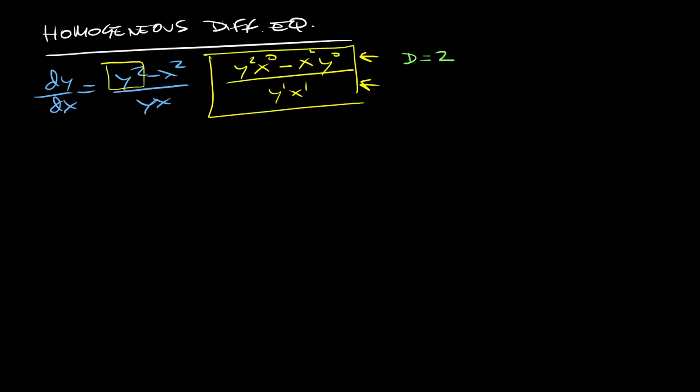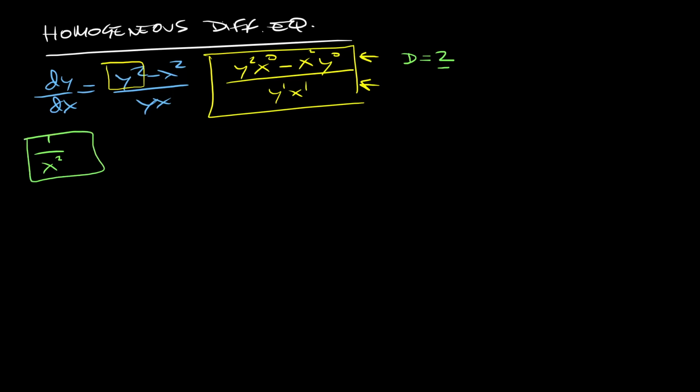So now we're going to multiply both the numerator and the denominator by 1 over x to the power d. If this was 4 or 5 or 6, here it would be 4, 5 or 6 and so on. In our specific case it's 2.